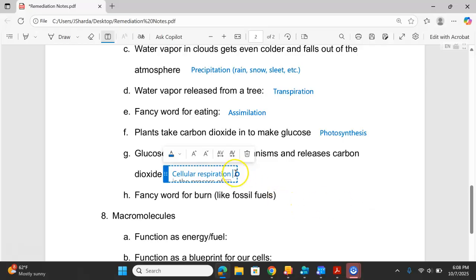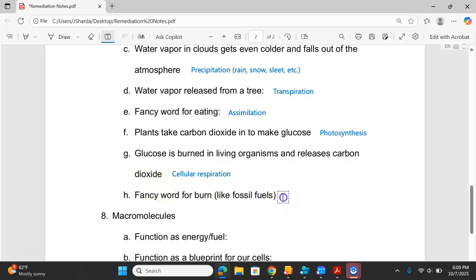Okay. And if you think about it, when we respire, when we breathe, we have to take in oxygen, right? Fire requires oxygen. Anytime you burn something, when you oxidize something, it requires oxygen. So if we have glucose in our cells because we ate breakfast or we had lunch or whatever, okay, that glucose is being burned, oxidized in our cells, and out comes carbon dioxide and water vapor.